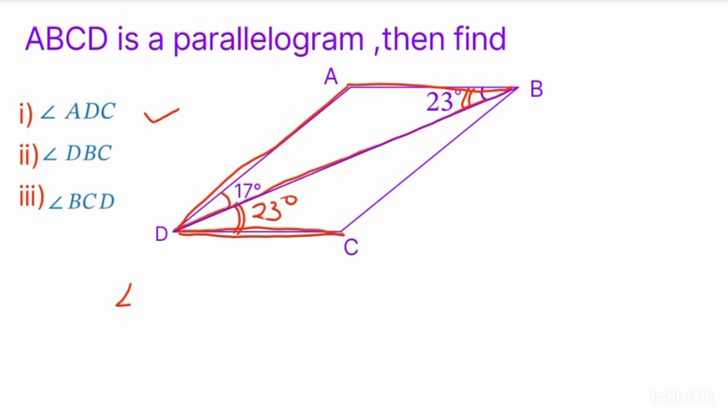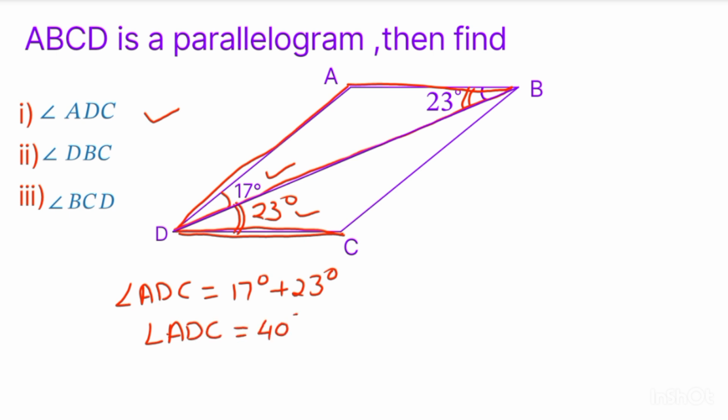So angle ADC will be equal to 17 degrees plus 23 degrees, which will give angle ADC is equal to 40 degrees.